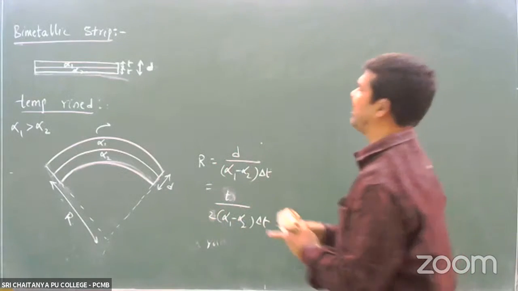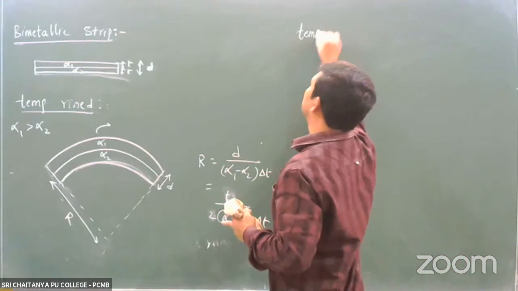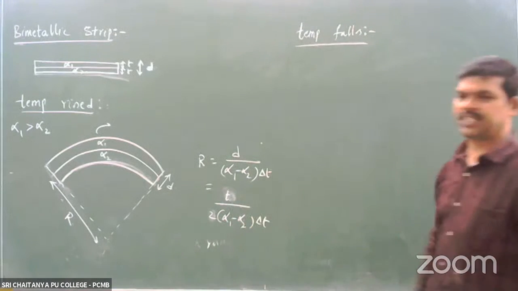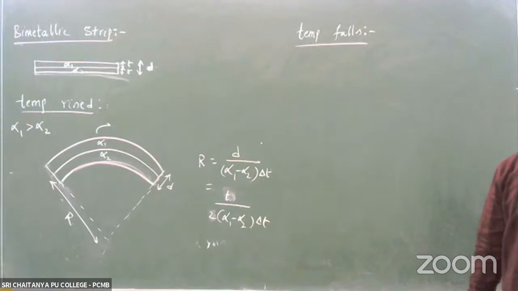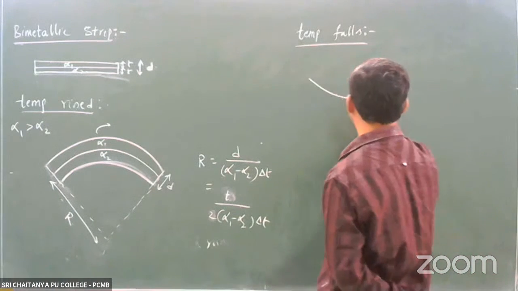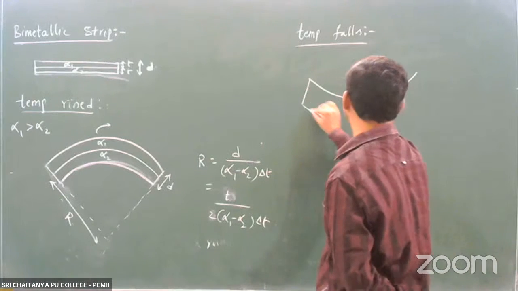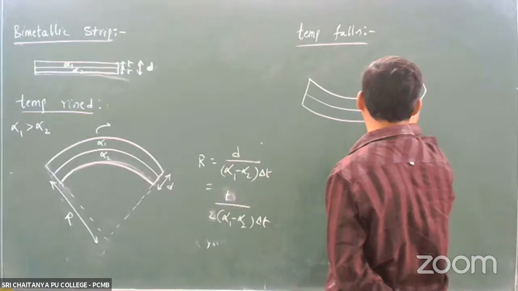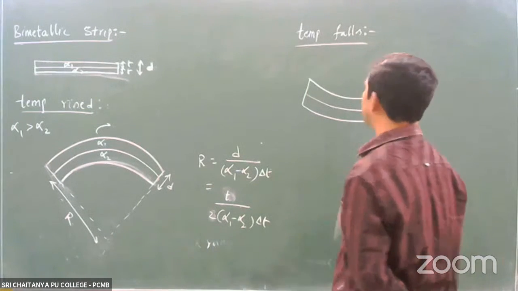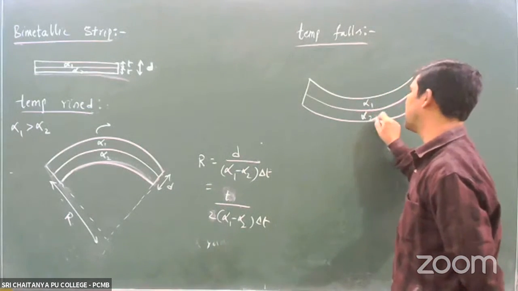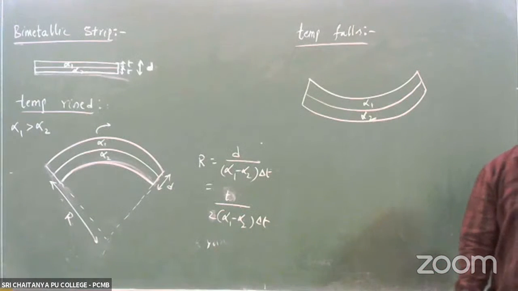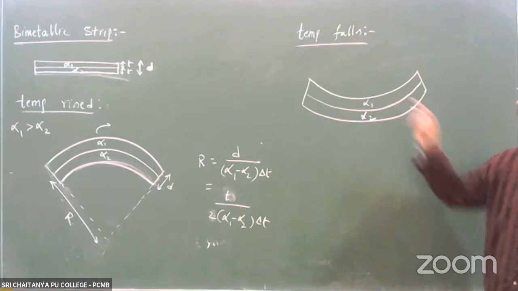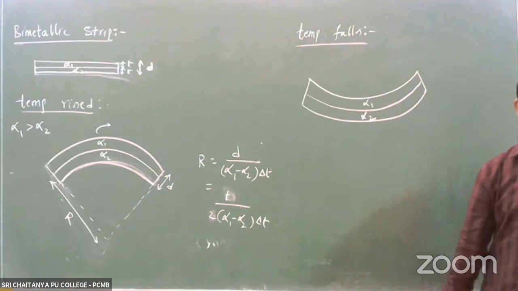See, when temperature falls, it takes this shape. Which comes on the concave side, which comes on the convex side? The metal whose alpha value is greater contracts more.